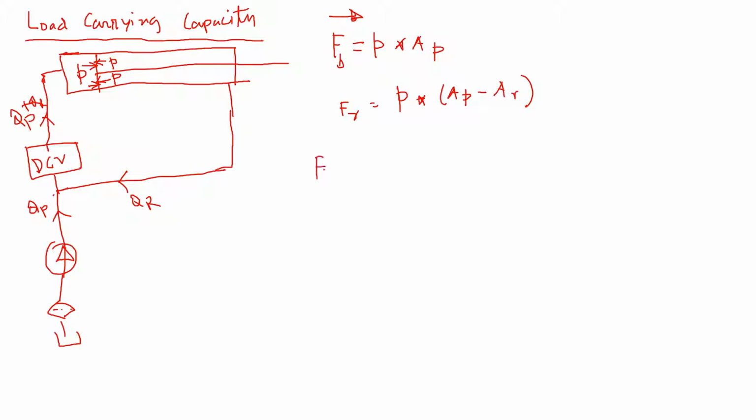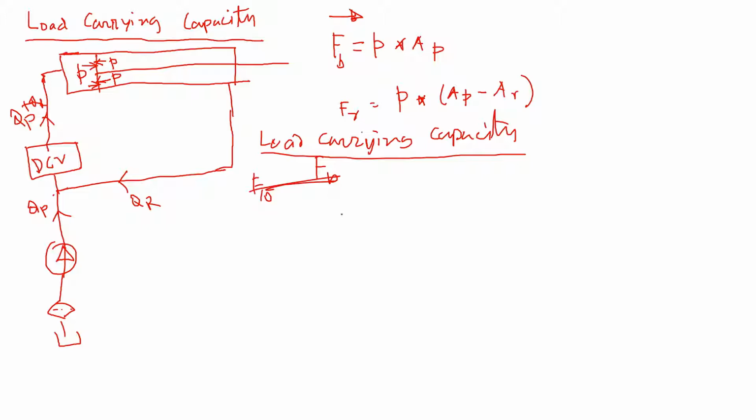Now the resultant force, the load carrying capacity, I would say, is F load. Let's do this. F load is equal to the blank end force minus the rod end force.